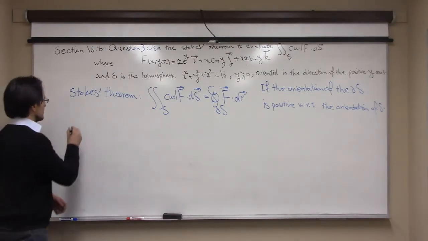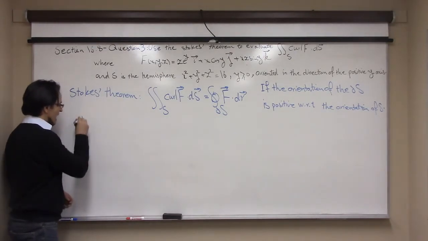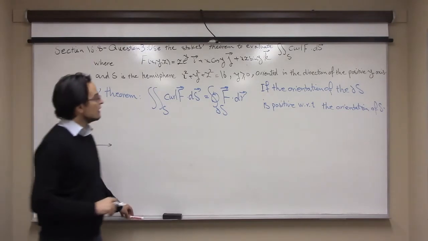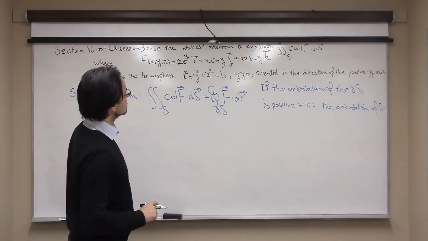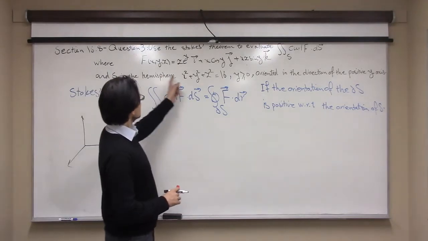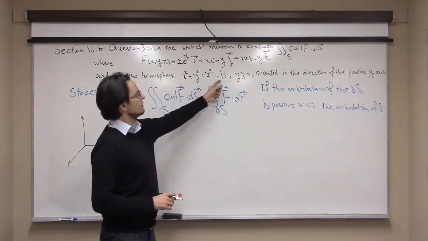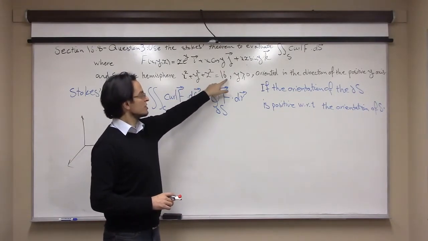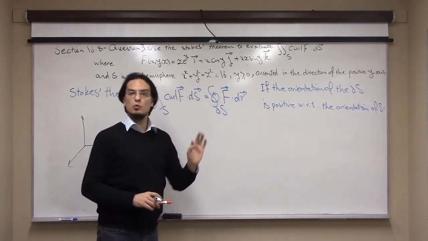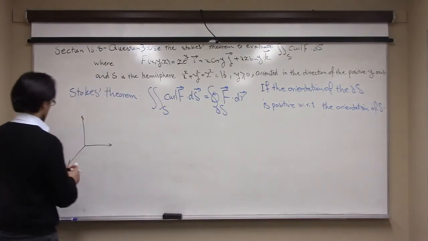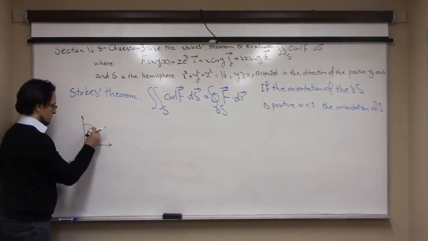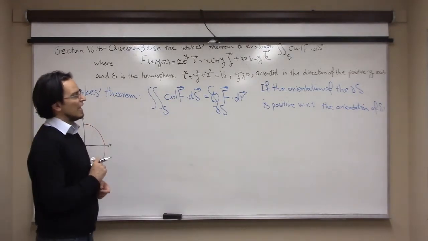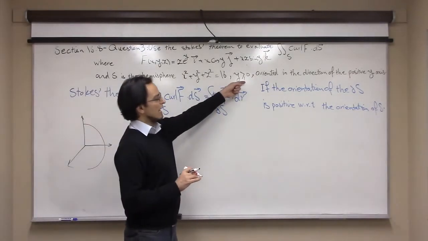So let's see what the surface is. I have x, y, z. It is a sphere centered at the origin, and its radius is equal to 4. So I'm going to have a sphere, and I'm just taking half of it.